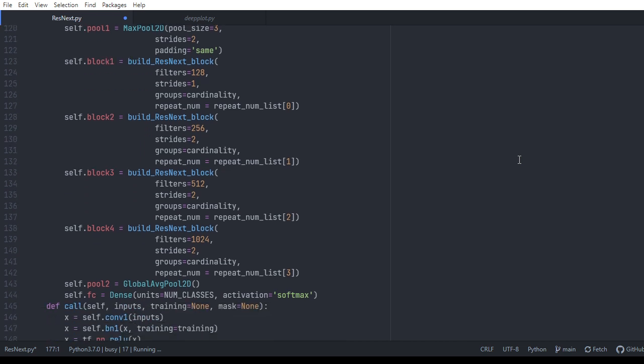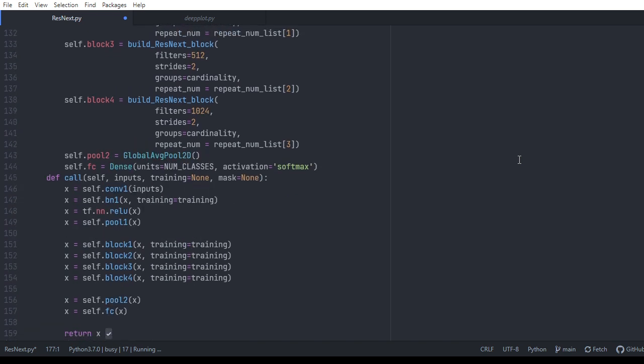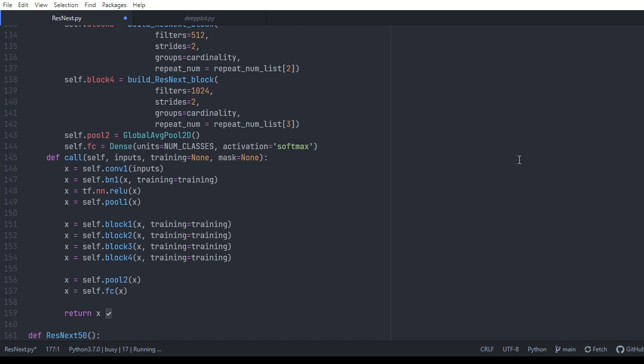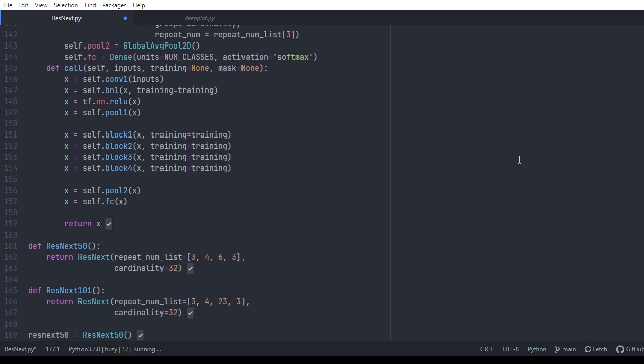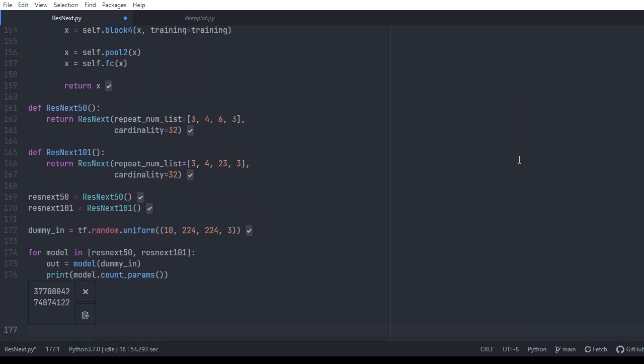And furthermore, this cardinality dimension also ensured that there were fewer parameters in the case of ResNext. Maybe you can confirm the part on the low parameters.